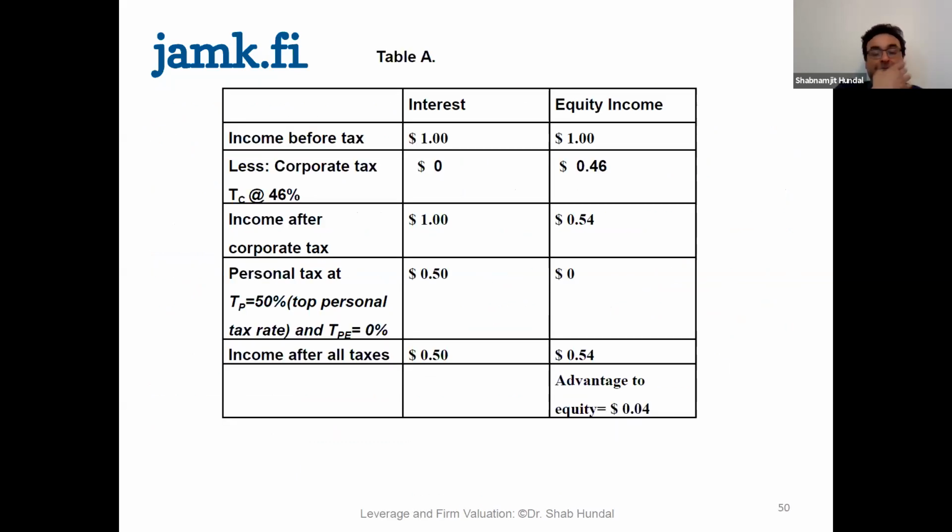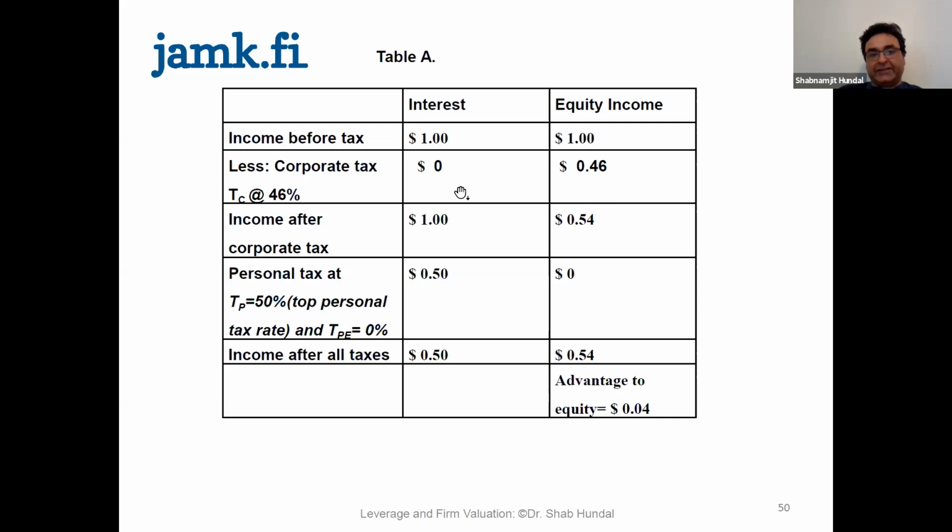Now, let's see. In situation 1, the income before tax is 1 and the equity income is also 1. So the company is giving you the same amount of debt interest income and dividend. Let's say the corporate tax rate is 46%. This interest would be exempted from the tax rate.